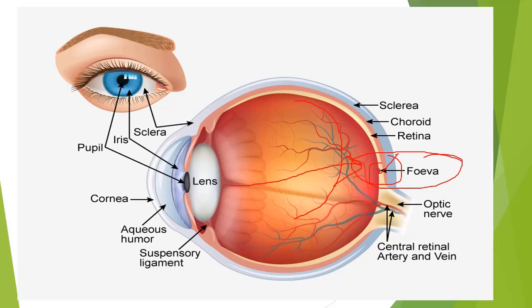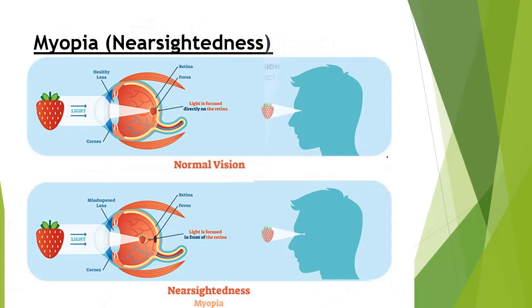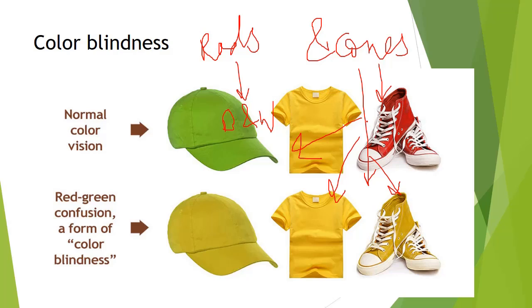Whenever there is a defect in these cones, which are placed in the fovea, then the person will not be able to differentiate between red, green and yellow. These three colors are there, and he will not be able to differentiate between them.